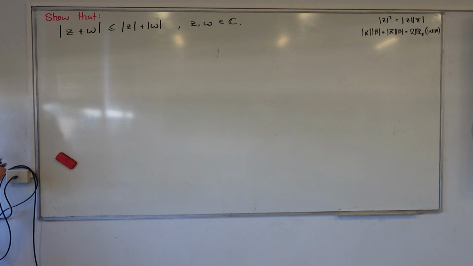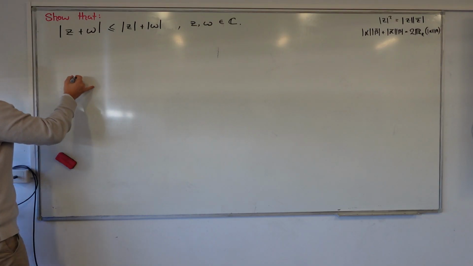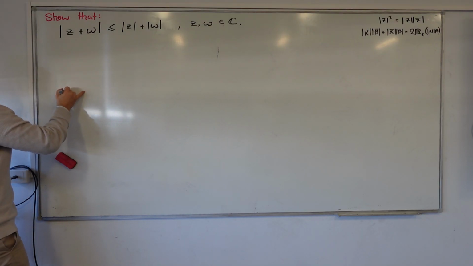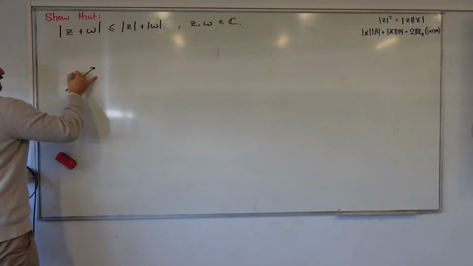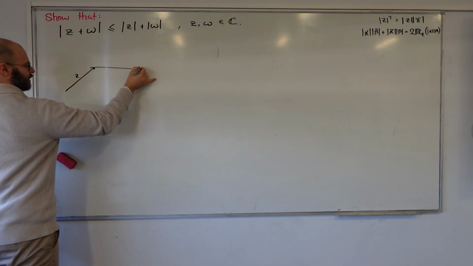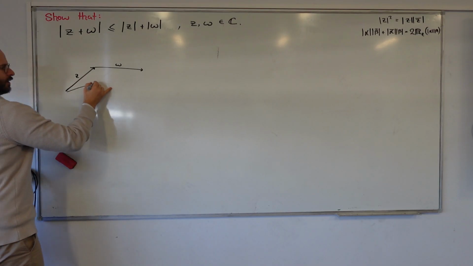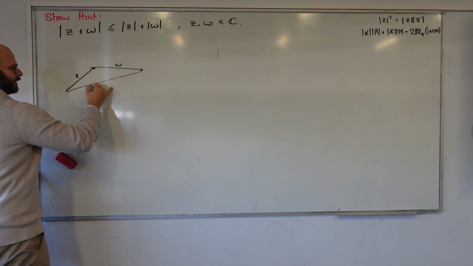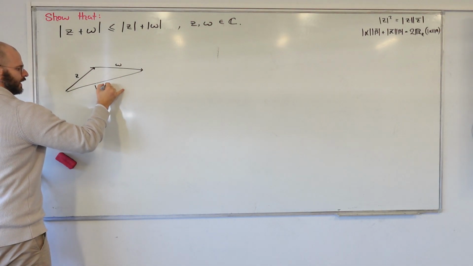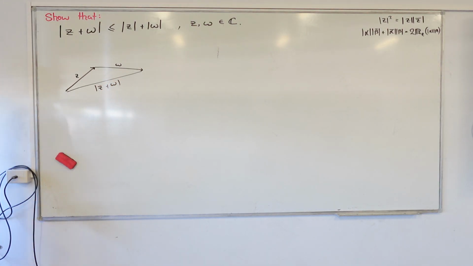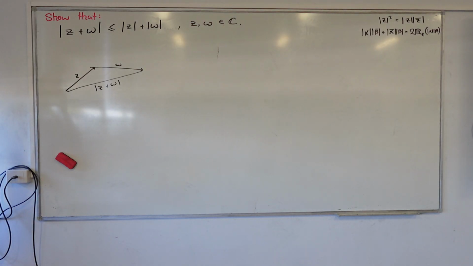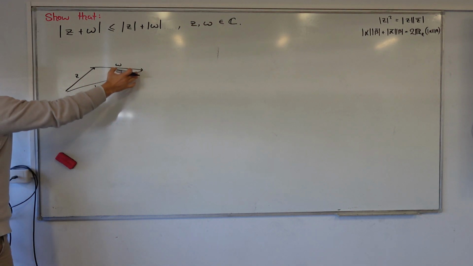So one way to think of that is that if you have, let's say, Z and let's say omega, then this in turn would be Z plus omega. Do you agree? It's the distance between the two, or it's the sum of the two vectors and then the length of them.